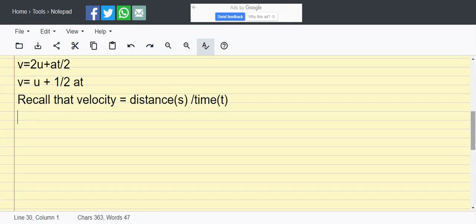So velocity equals s over t. Let's make s the subject. So s equals v times t.